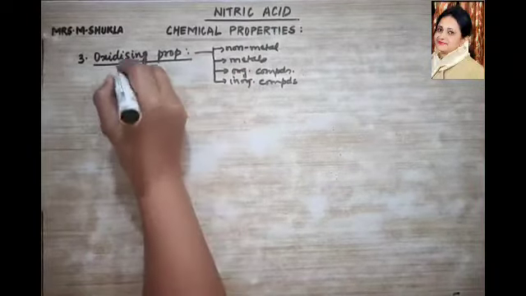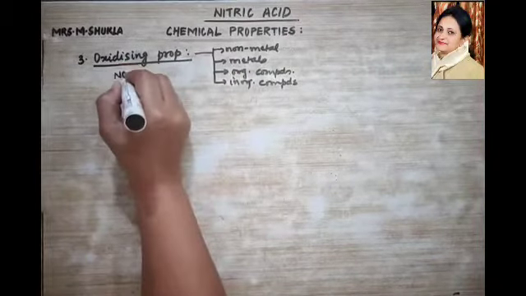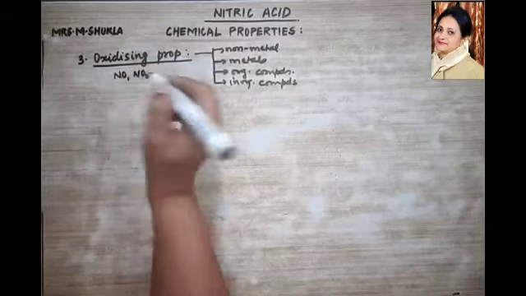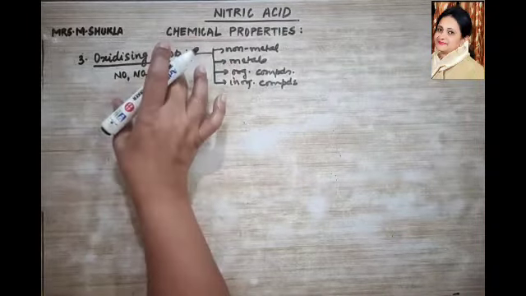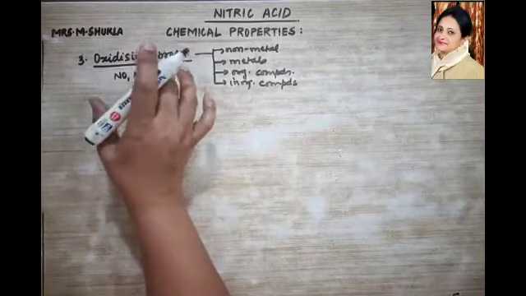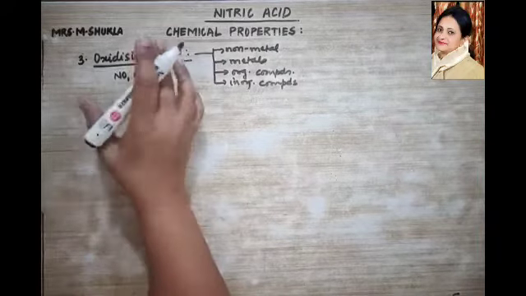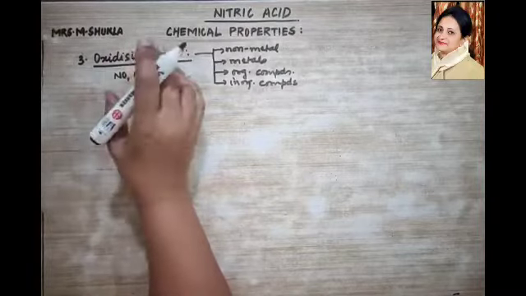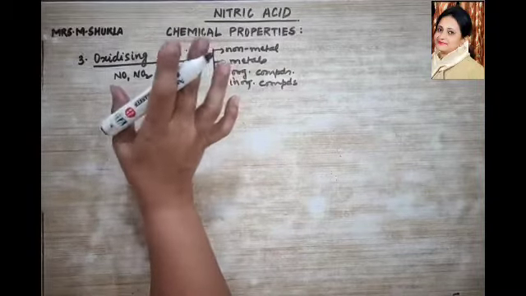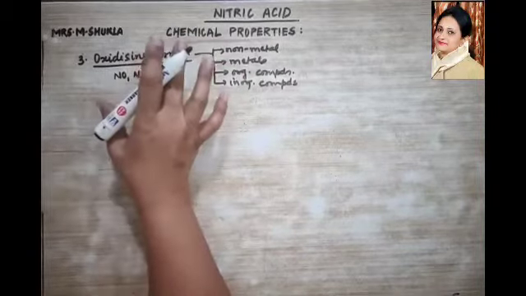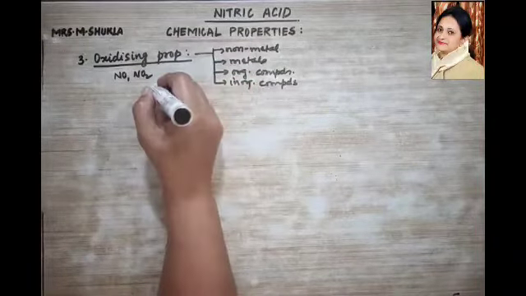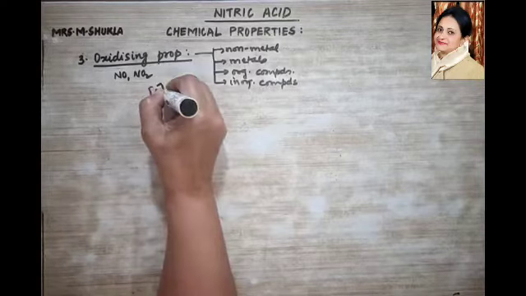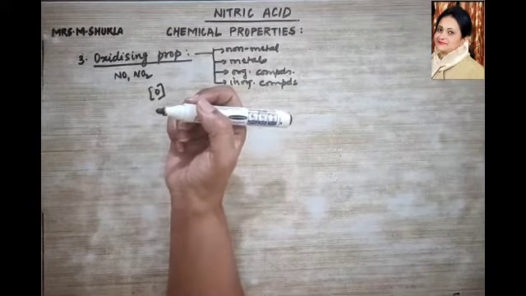What are those different products? The products could be like nitric oxide or sometimes NO2 is also given out. All this depends upon the concentration of the acid as well as the temperature taken during the reaction. Clear? So now these oxidizing properties which we find in nitric acid are due to what? It is due to the formation of nascent oxygen.